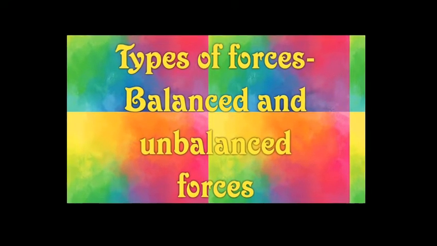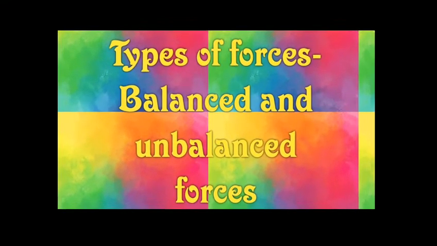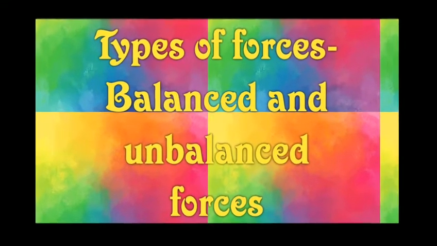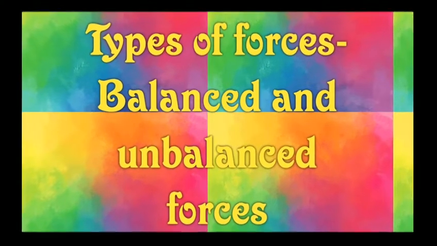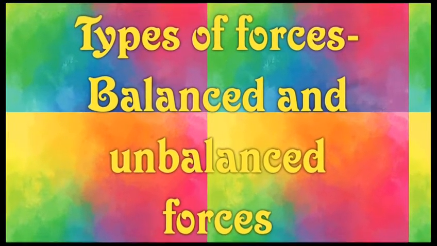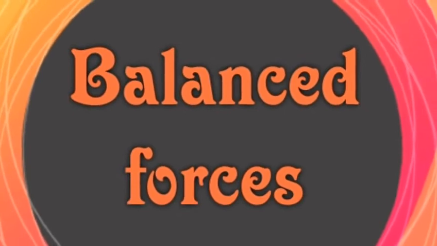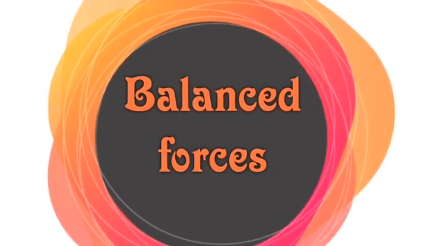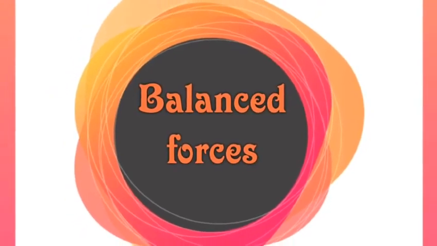We have two types of forces depending upon whether the effect of force is seen or felt or not. That is, balanced force and unbalanced force. In balanced force, the equal and opposite force acting on a body will not make the body move.